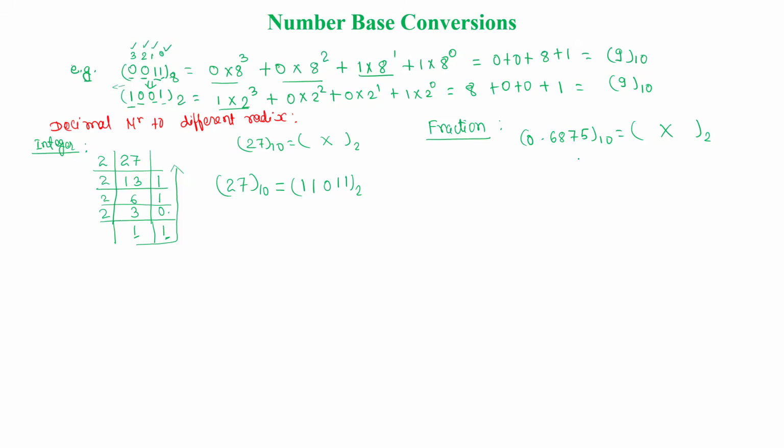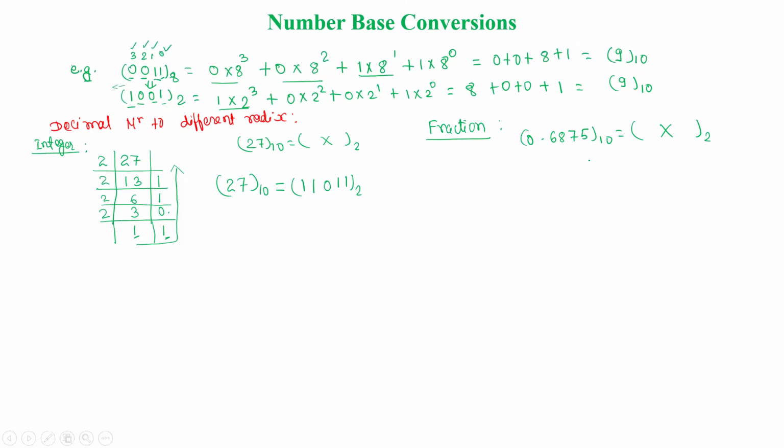After multiplication, whatever integer part we get, we write that integer separately. And again, we take the new fraction, and that new fraction will be multiplied by the radix in which you are trying to convert.